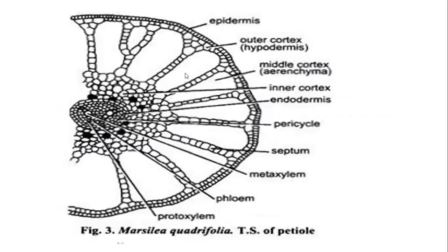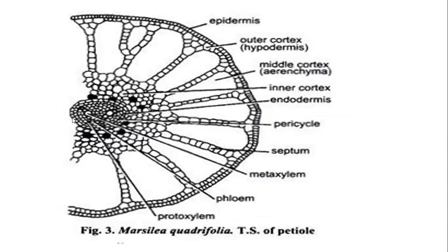Now this is about the anatomy of the Marselia petiole. Single layer epidermis, a single layer of hypodermal outer cortex divided into 8 chambers with the longitudinal cells of this parenchymatous tissue. This is the inner cortex, many layered, storing the food material starch as well as the tannin.